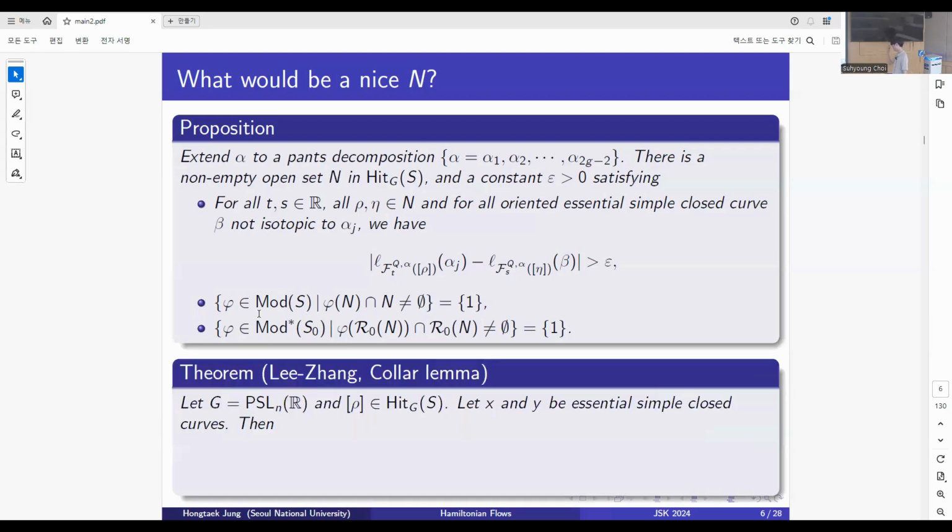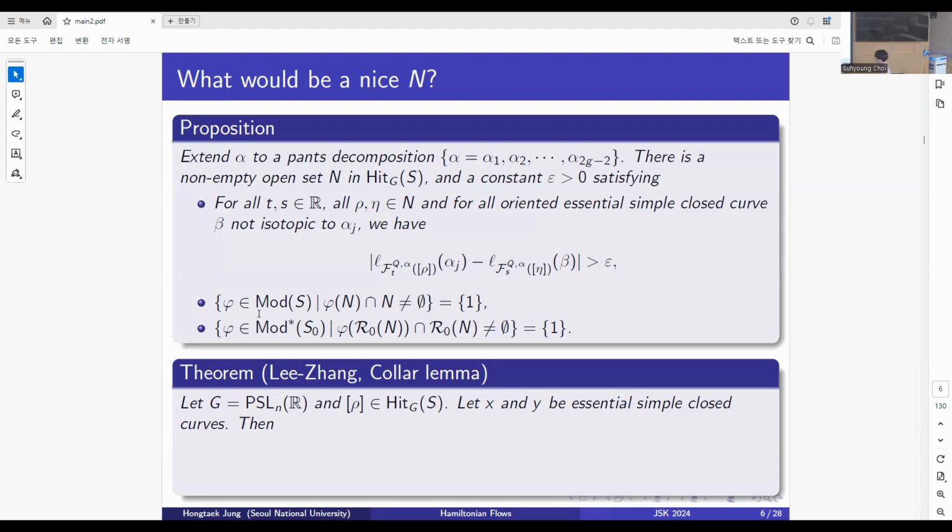The key theorem for this proposition is a Collar Lemma by Jason and Tengren, which states the following. Let G be PSL(n,R). That's why we are concentrating only on the PSL(n,R) case. Let's take any Hitchin component element rho and take two essential simple closed curves x and y.